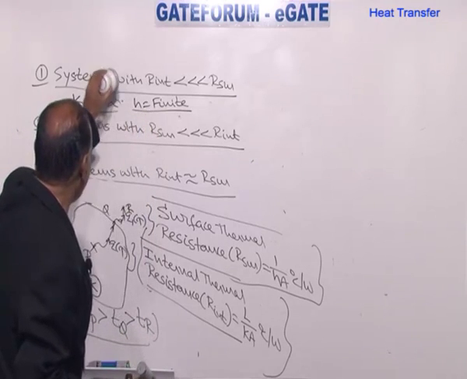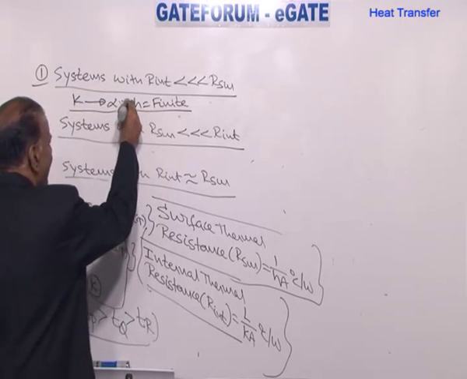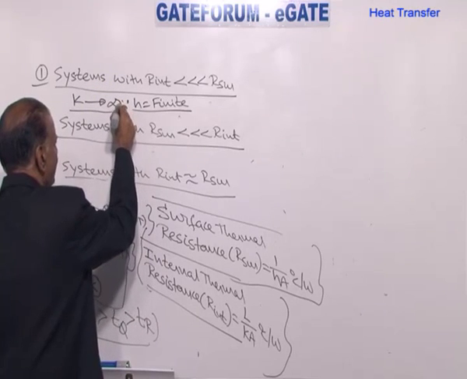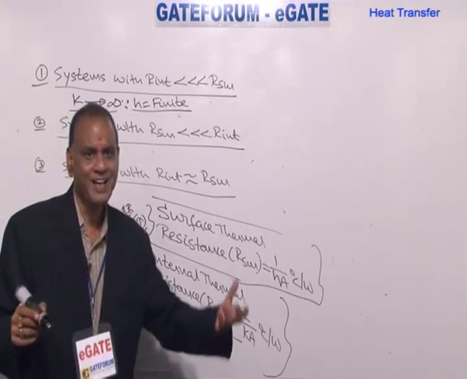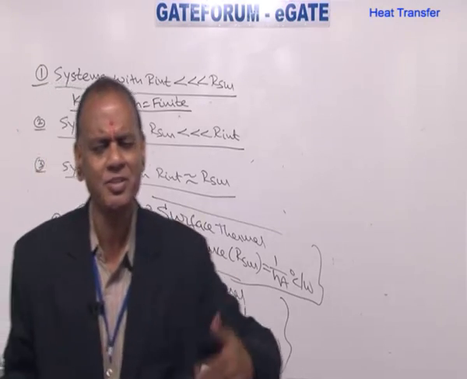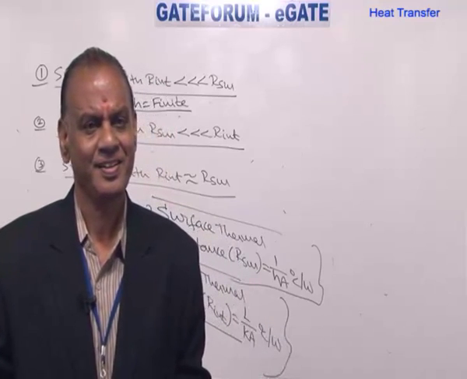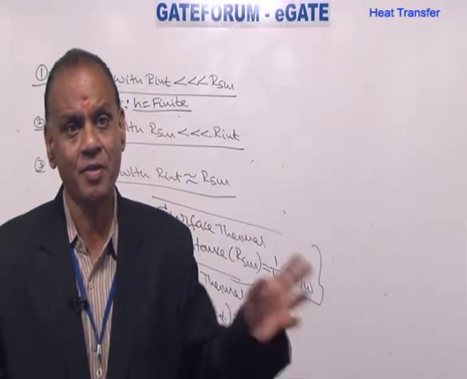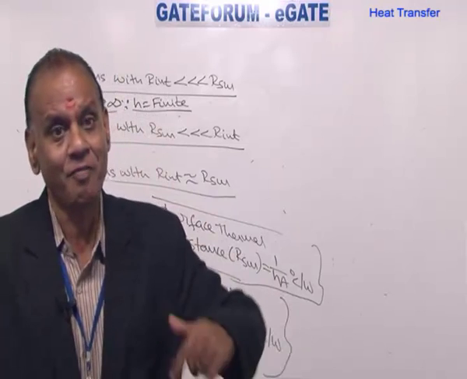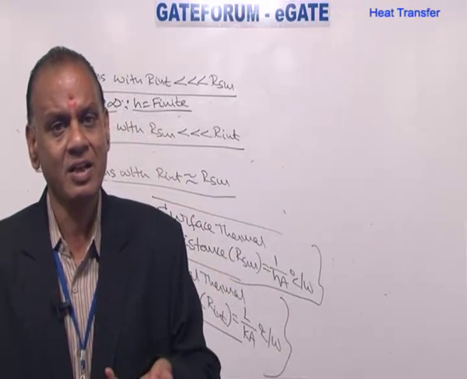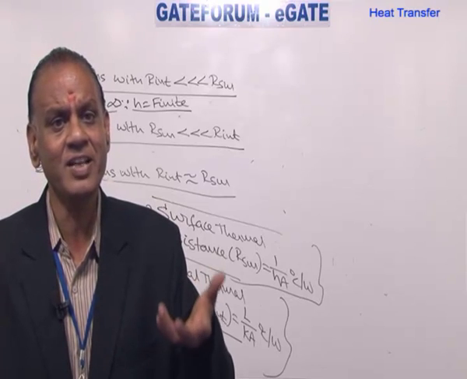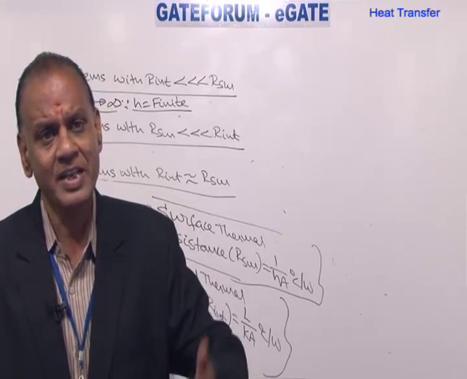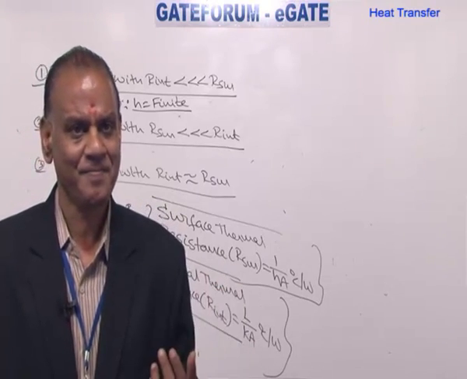That is, systems with very large value of K and finite value of H. When I say large value of K, R internal becomes extremely small. We don't leave it there. We also look at H, relatively. Finite value of H makes R surface big. So R internal is very, very small compared to R surface when K is too much and H is finite.